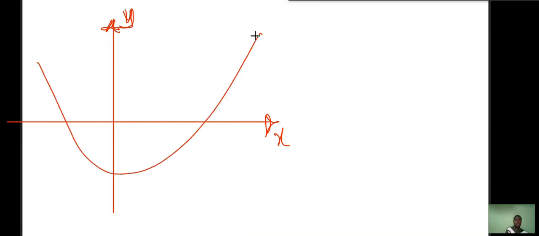Now let's look at it graphically, a typical graph of what we're talking about. If this is the x-axis and this is the y-axis, a quadratic equation with a real root will typically look this way, such that we have two intersection points on the x-axis.